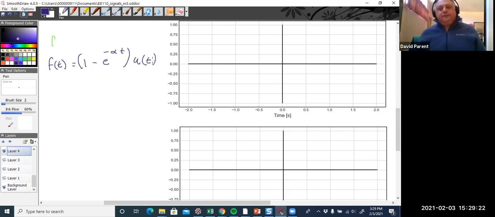So in fact, this is a composite function. I've just pulled out the u(t), right?